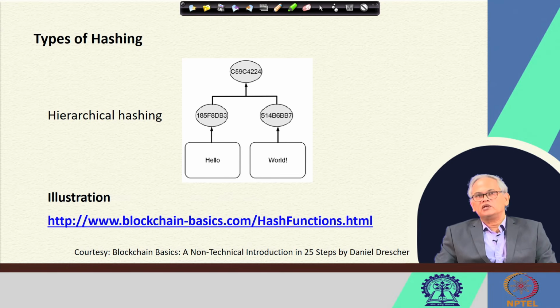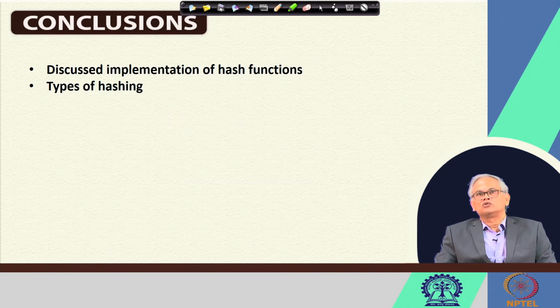And as I mentioned, in the very next lecture we will talk about the construction of the Merkle tree, again a backbone of constructing blockchain, specifically Bitcoin, where these concepts of hierarchical hashing will be used. So, that is the outlook for our next lecture, and with that we conclude this particular lecture.